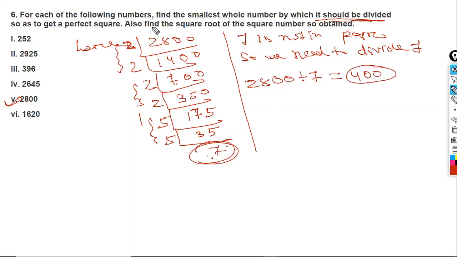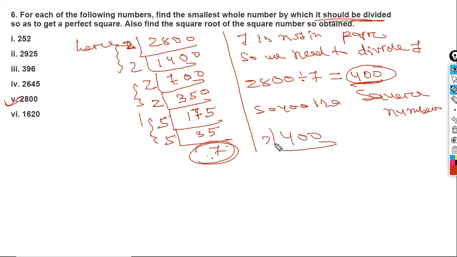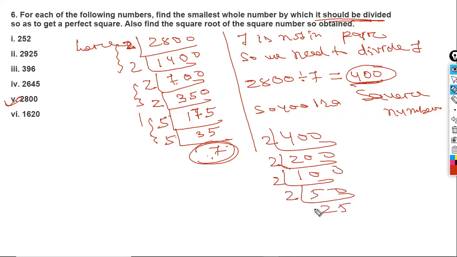Now 400 is a square number. Now you find the square root of 400 by prime factorization. Again 400, you put 2, 200, again 2, 100, again 2, 50, again 2, 25, then 5 fives are 25.